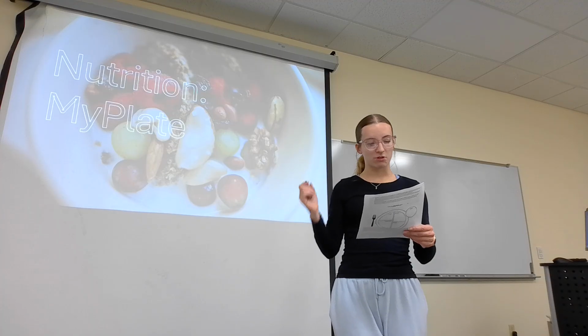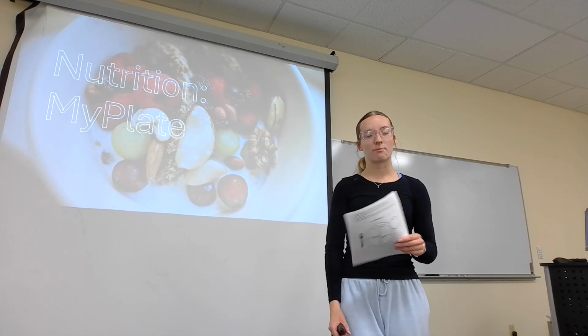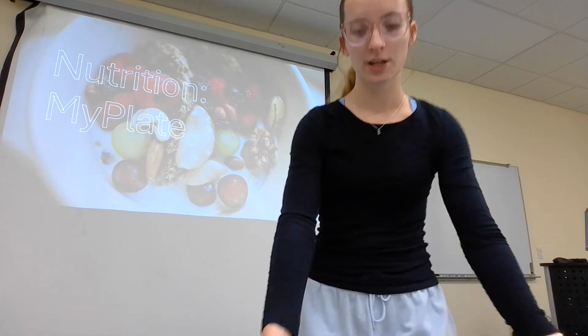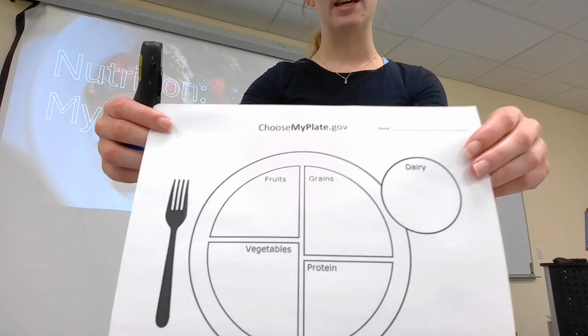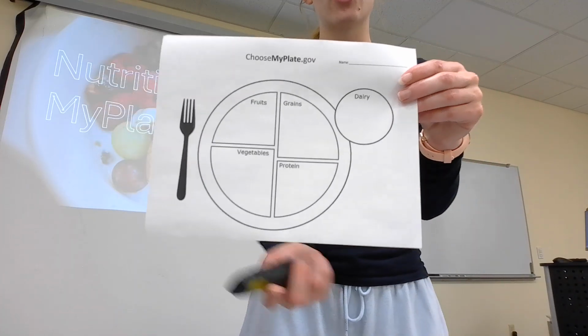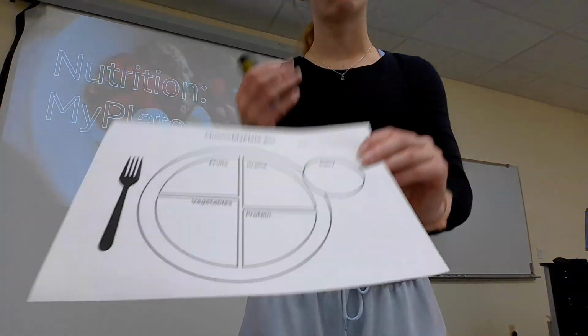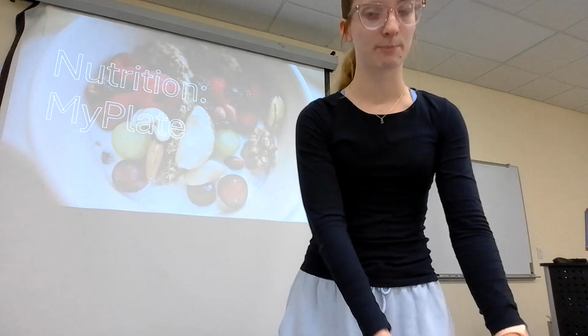And then the teacher only needs access to the MyPlate website and a projector that you can put the PowerPoint on. So every student has one of these, which is just a choose your own plate for MyPlate. So we've got the 5 main food groups, and I'll reference back to this during the lesson.